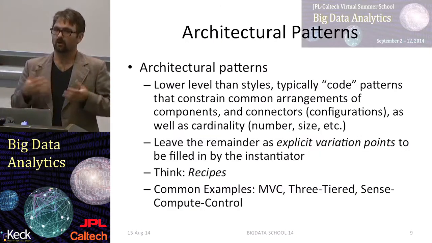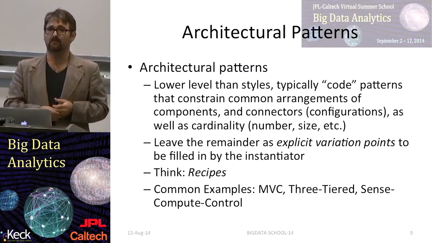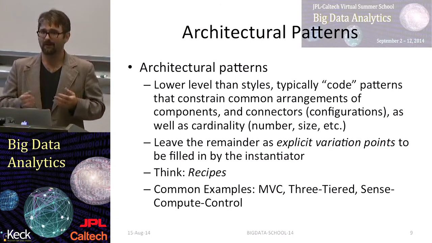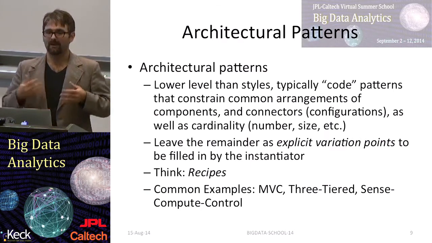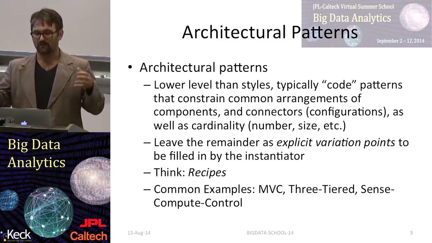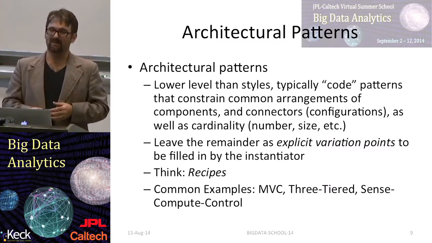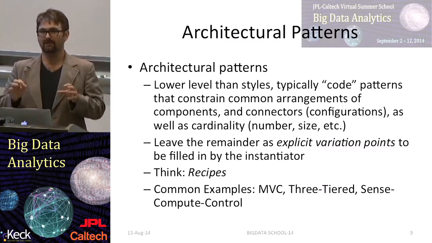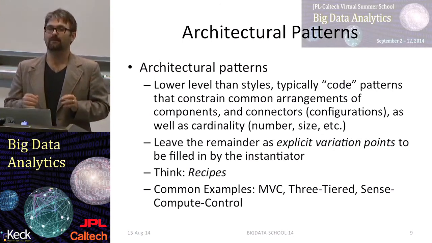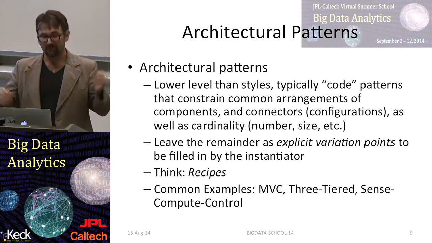If you think about software architecture too, you might have heard of things like patterns, code patterns, if you've read the Design Patterns book by Gamma and others. Patterns like model view controller, or three-tiered pattern, or sense compute control. Architectural patterns are typically lower level than architectural styles, and what I mean is that styles are mostly, like I said, ingredients, right?